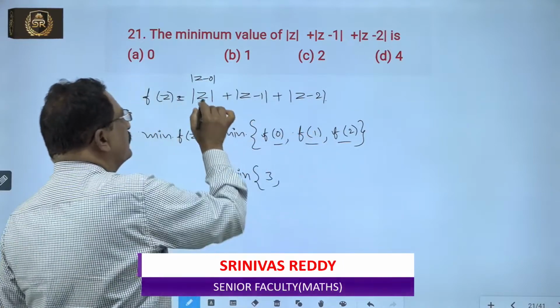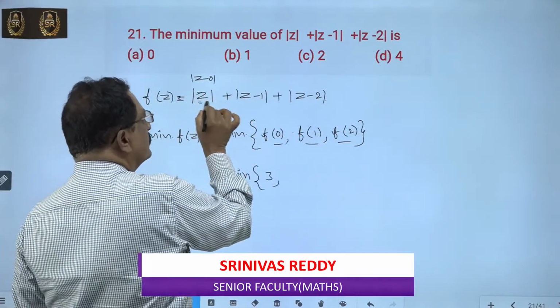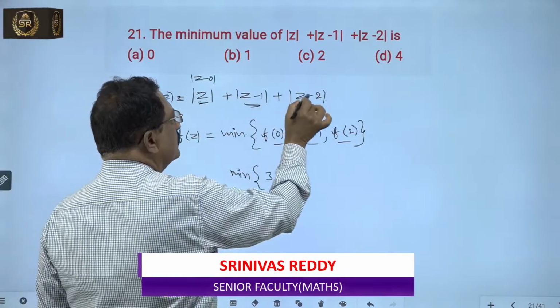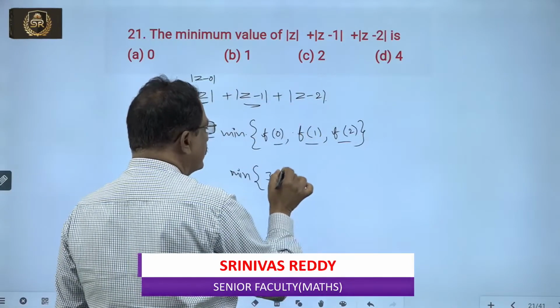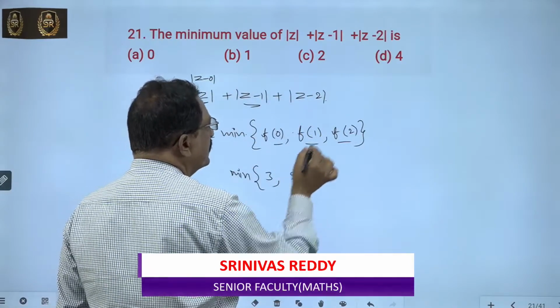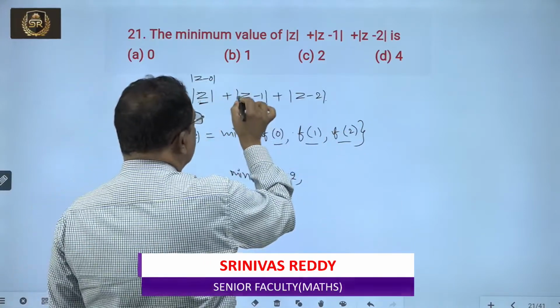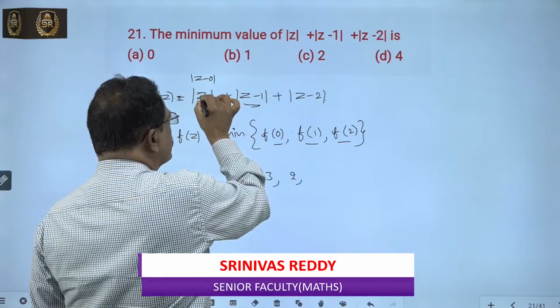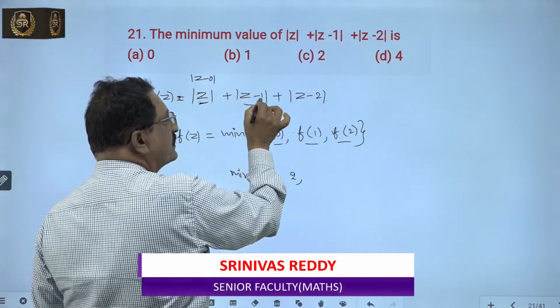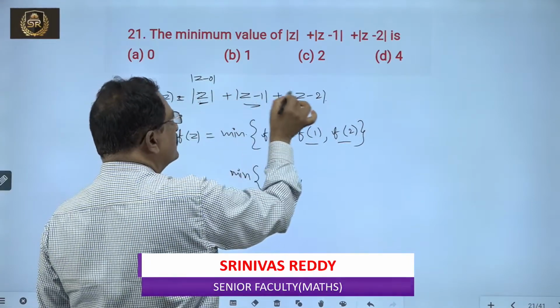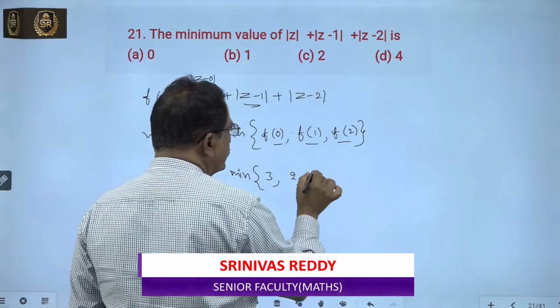Next f(1): z equals 1, substitute: it is 1, then 0, then |1 − 2| = |−1| = 1, so 1 plus 1 is 2. Next f(2): z equals 2, substitute: 2, then 2 − 1 is 1, then 0, so 2 plus 1 is 3.